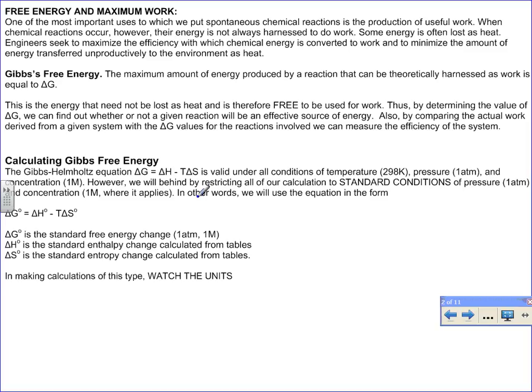And when you calculate delta G naught, we're going to use the delta H naught and the delta S naught from tables. One of the biggest things to consider when you're doing these calculations is to be mindful of the units, which I've already mentioned, and I'll mention a few more times because it is one of the most common errors that people have when calculating Gibbs free energy.